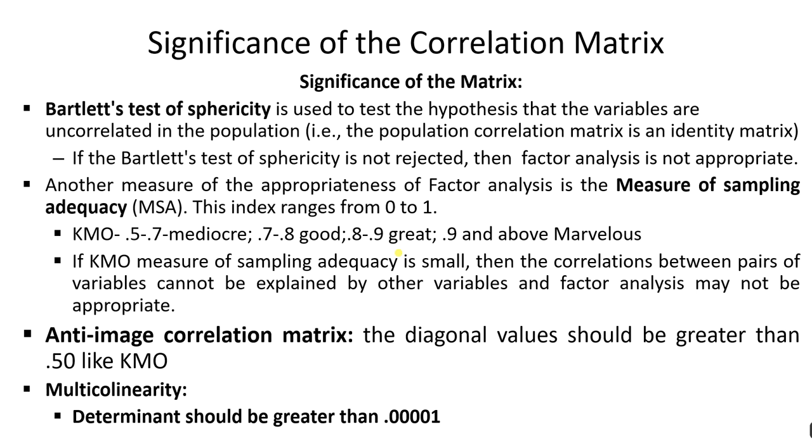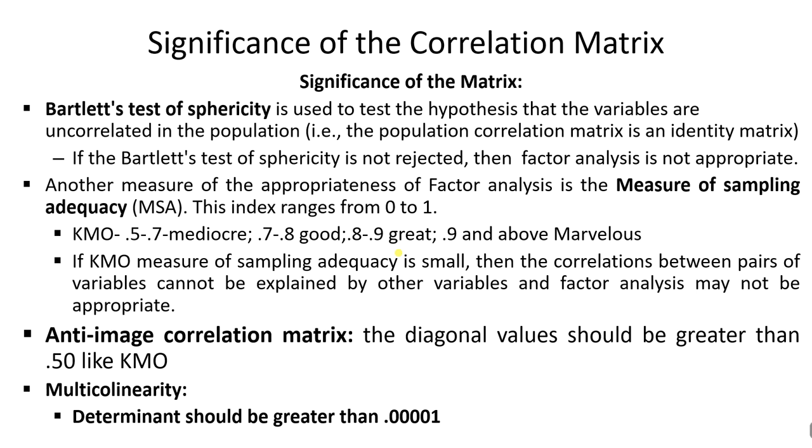And when you create a correlation matrix of those predicted variables, then that correlation matrix will be called the image correlation matrix. And the correlation matrix of the unpredicted part will be its anti-image correlation matrix.